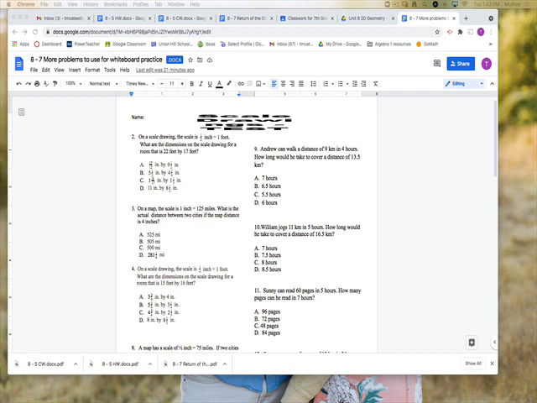Reverse 13 times 3, which is like easy. No, that works. We'll just, yeah, which one is it? 16 and 2 thirds?